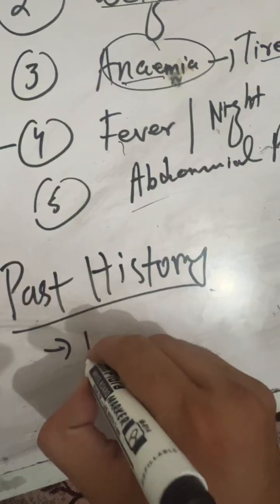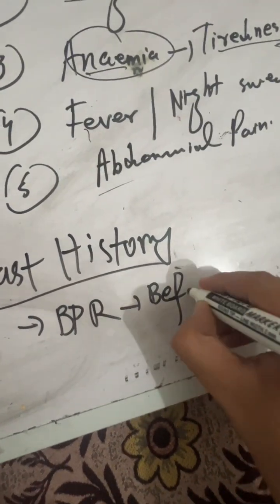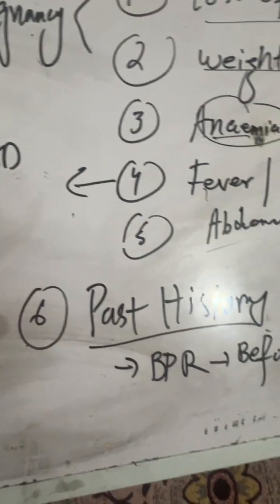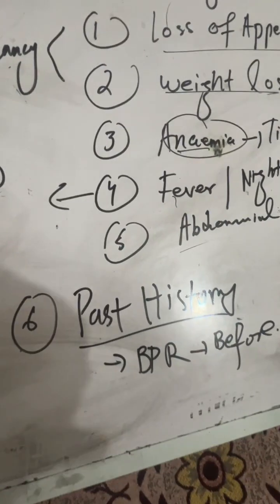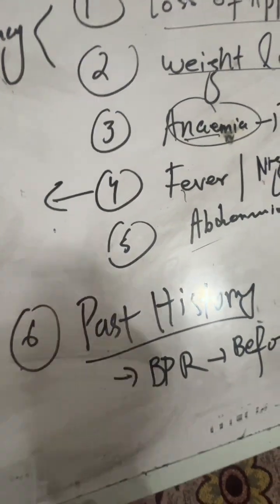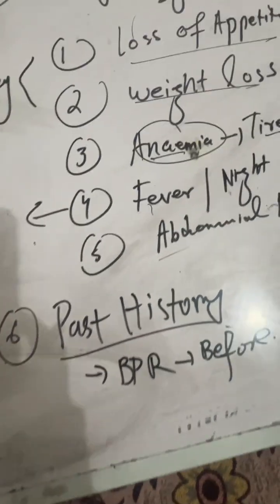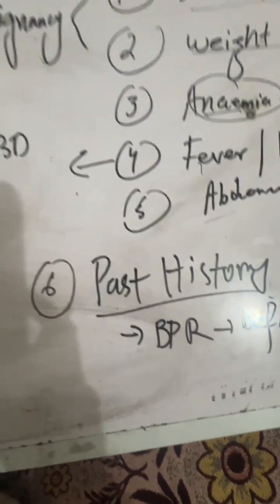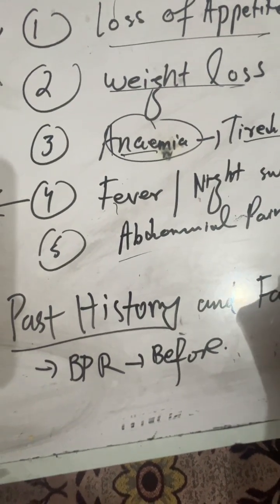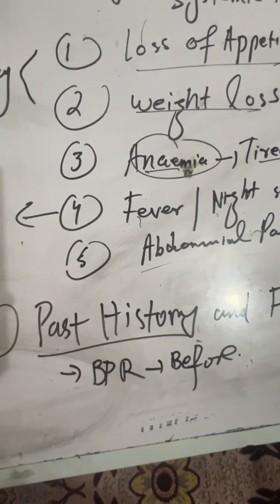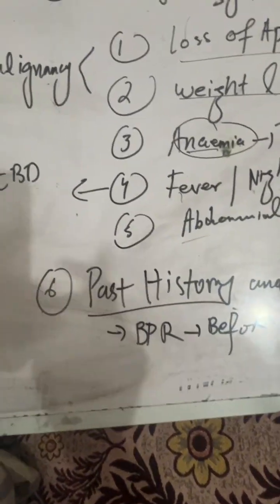Then we will also ask about any history of hemorrhoids, fissure, or IBD in the past, any medical history which is significant, like hemorrhoids, piles. In the past history, we will also add the family history: any family history of colorectal carcinoma or any other diseases.